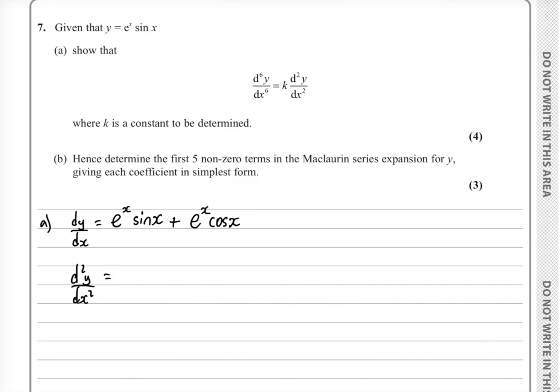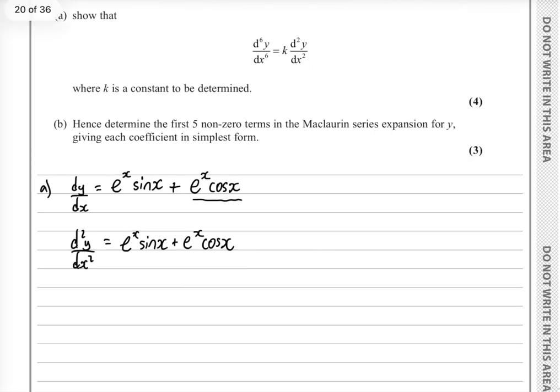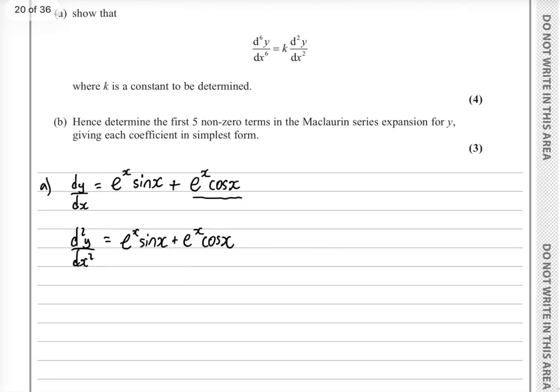Second one is very similar. In fact, the first term is exactly the same. So this bit is going to produce this again. So e to the x sine x plus e to the x cosine x. Now we need to look at this second term here. Something similar is going to happen when we differentiate e to the x and cos x stays the same.